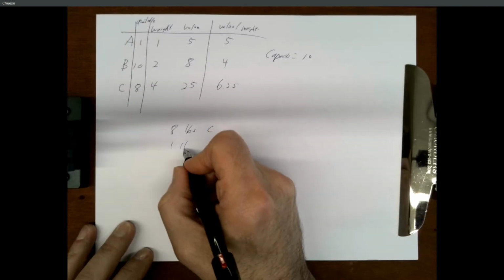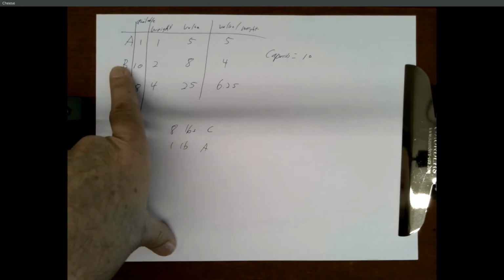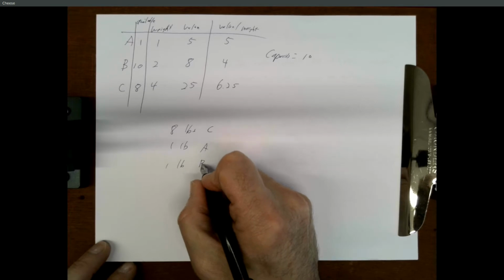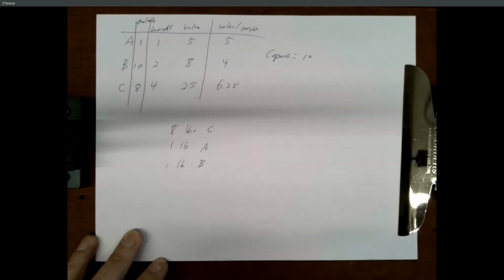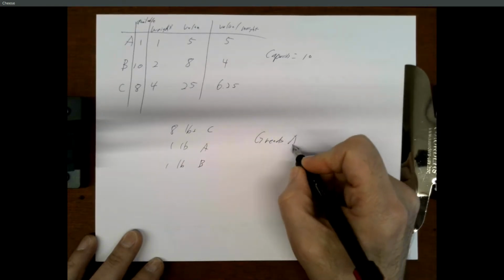So take 1 pound of A, and now we have 1 pound left, and the only item we can choose from is B. So take half of an item B, 1 pound of B. And that's guaranteed to get you your best solution. We can prove that in an algorithms course. You would prove that in class usually. So this algorithm we're using is an example of what's called a greedy algorithm.